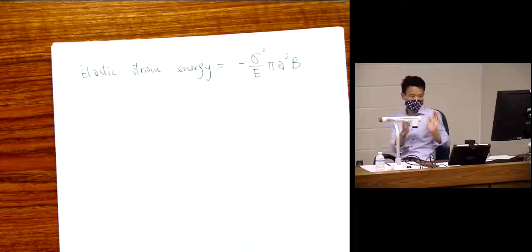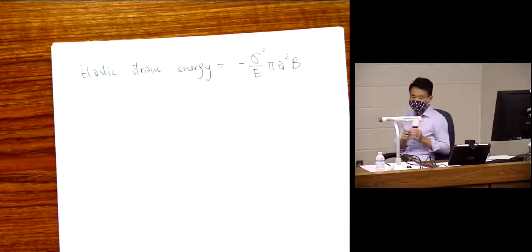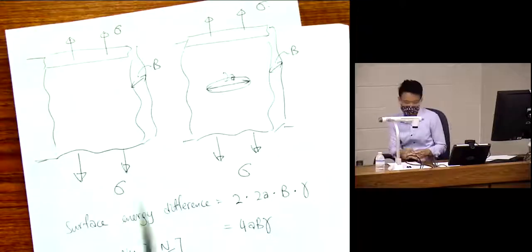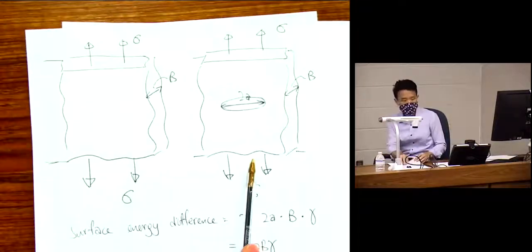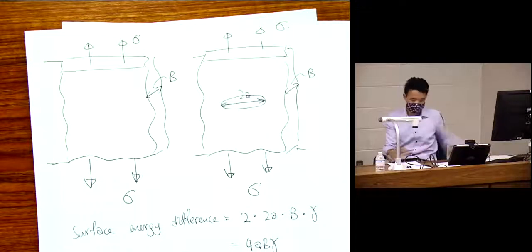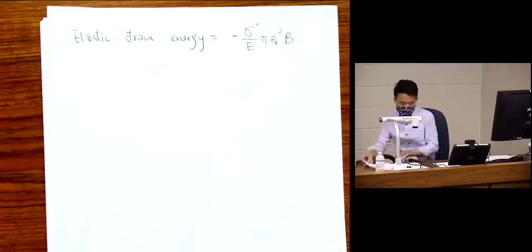We know that the elastic energy is going to decrease as the crack increases, and the surface energy is going to increase. From here to here, we have a gain in the surface energy, but a reduction in the elastic energy. So we're going to do an energy balance next time and see what it tells us. Okay? So I'll see you next lecture.